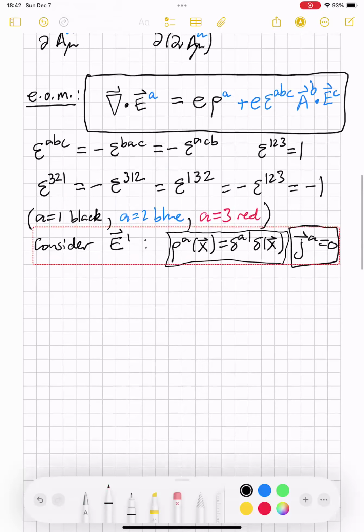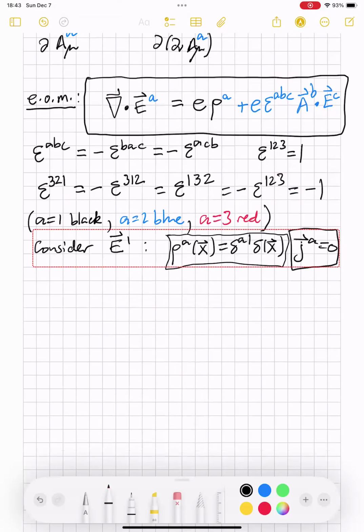So I need to solve this equation of motion. How does it differ from Maxwell's equation? Well, it's the second nonlinear term that I have to worry about. But notice that I've only got a charge of the 1 type of electric field. I'm not going to switch on a 2 electric field or a 2 gauge potential at all, so B and C can only possibly be non-zero if B is equal to C is equal to 1.